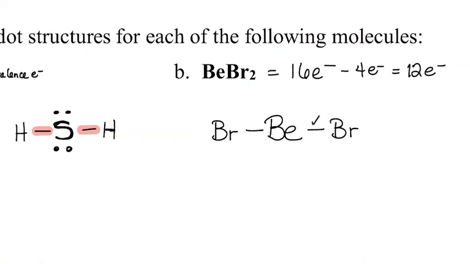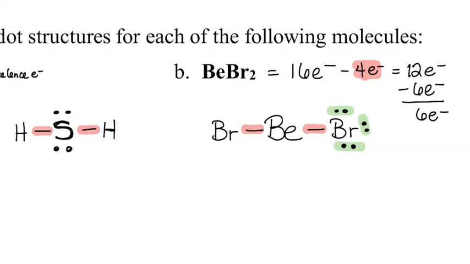Because it already has 2, then 4, 6, 8. Remember, I already accounted for these. So the dots that you see me put here, that's minus 6 electrons.